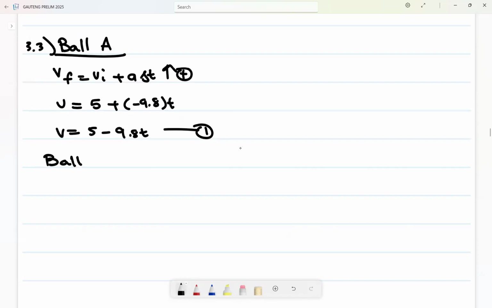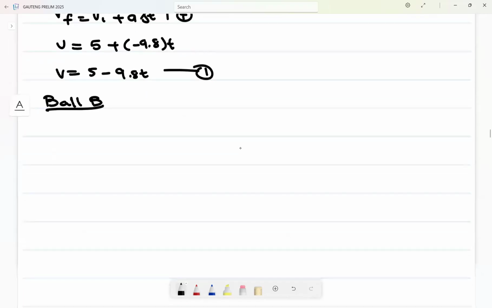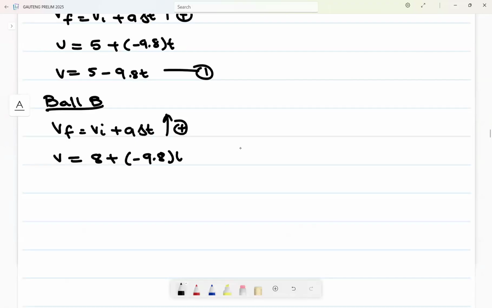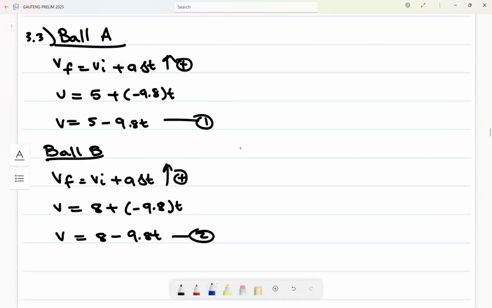Let's consider ball B. VF equals VI plus A change in time, VF is just V, VI is 8 plus negative 9.8t, so V equals 8 minus 9.8t. Equation 2. Let's equate those two equations. Equation 1 equals equation 2: 5 minus 9.8t equals 8 minus 9.8t.